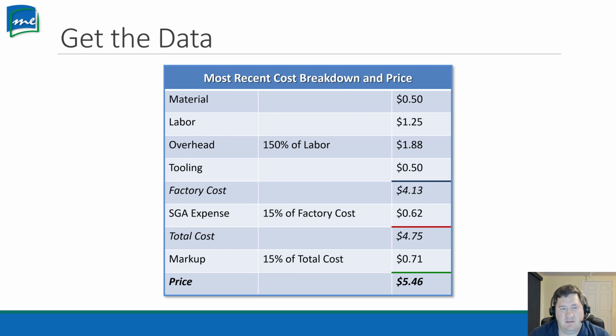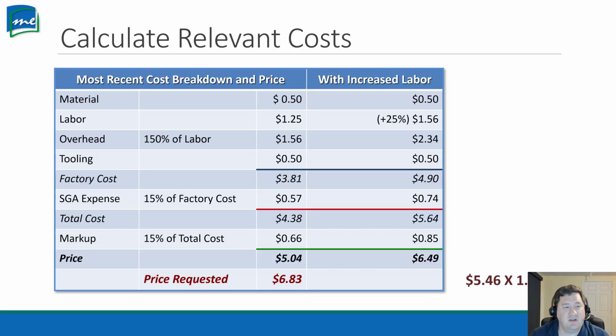But what about that possible 25% increase in your supplier's labor costs? How will that affect you? If we look at these numbers, material will stay the same, 50 cents. But our labor, because we have this 25% increase, worst case scenario, is $1.56 now.